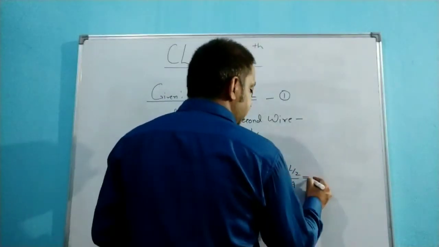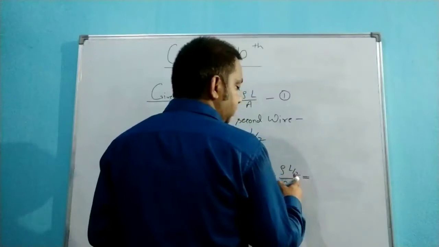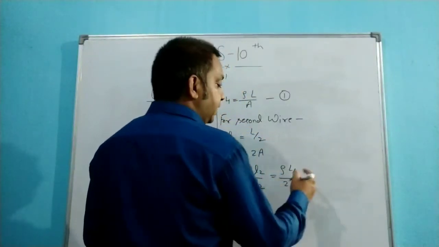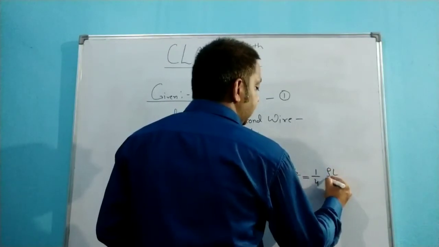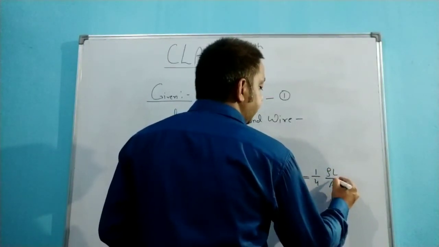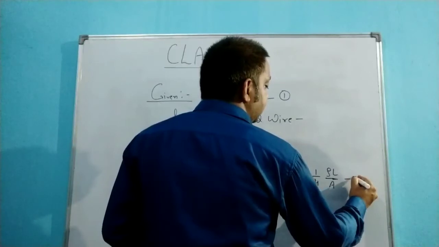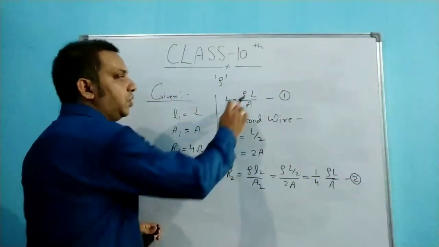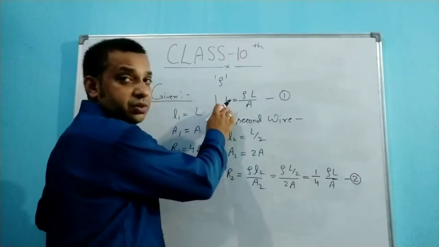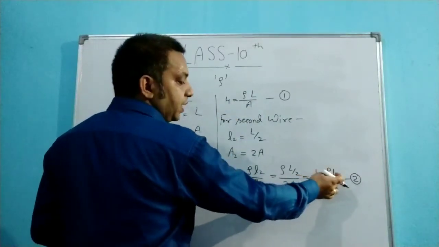After simplification, what you will get? That 2 will go in the denominator, which becomes 4. So it is 1 by 4 rho L upon A. Clear? Equation number 2. Now let's see equation number 1 and 2. Rho L by A is equal to 4, and here rho L by A is there.